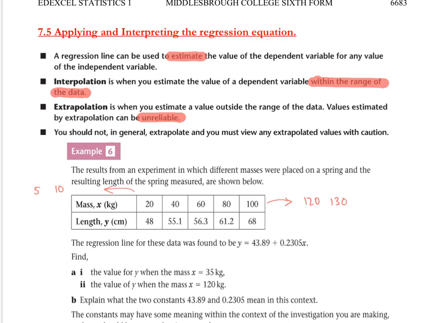So if we started extrapolating that line, we would get a length that the spring will extend to, but it might not be true. We can't rely on it. So what we've got to say to ourselves is view extrapolated values with caution. It may not be reliable. That's all we're saying about it.